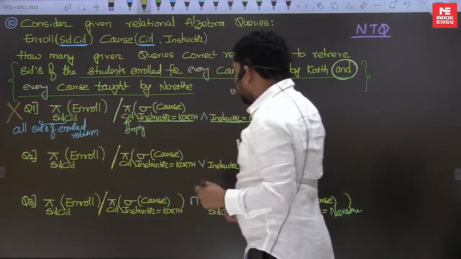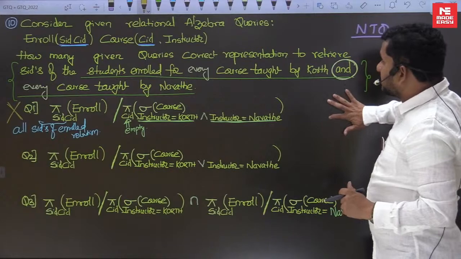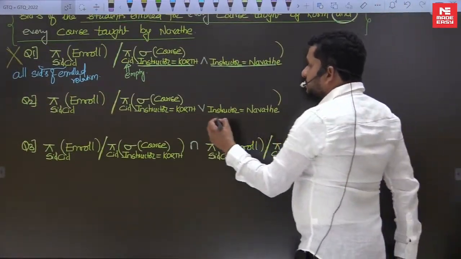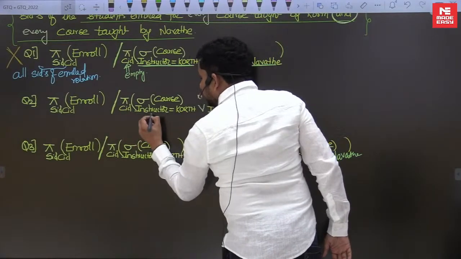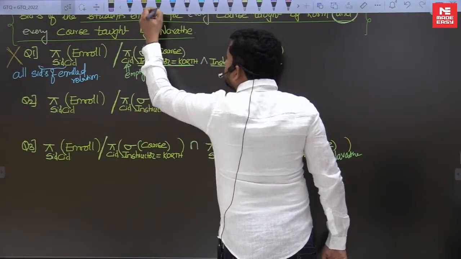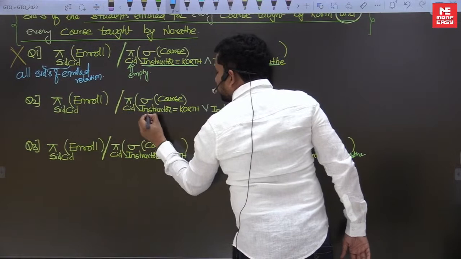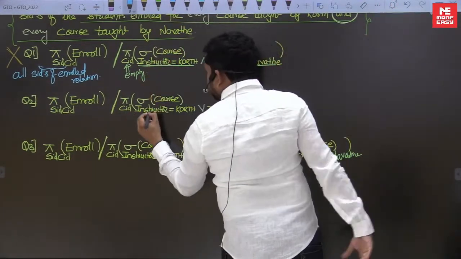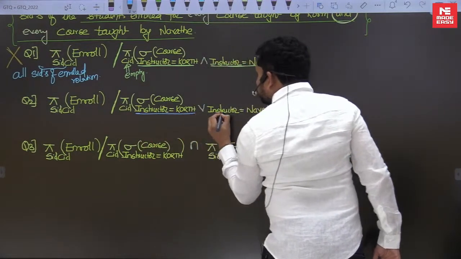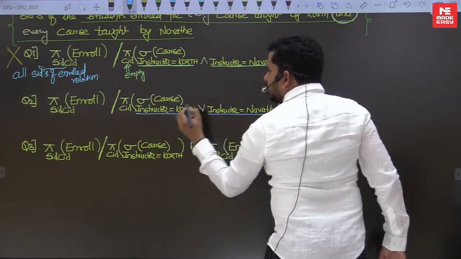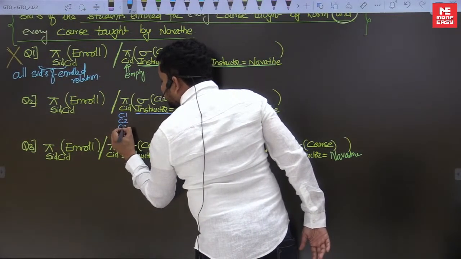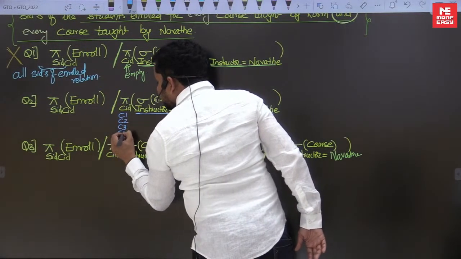But the second query works fine. Here the denominator is every Koth course as well as every Navate course ID. Let's say C1 and C2 are the Koth courses, and C3 and C4 are the Navate courses.